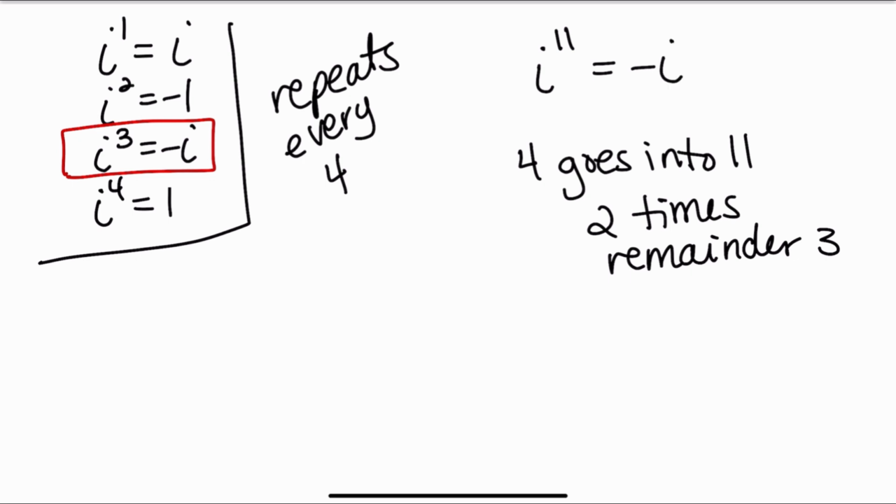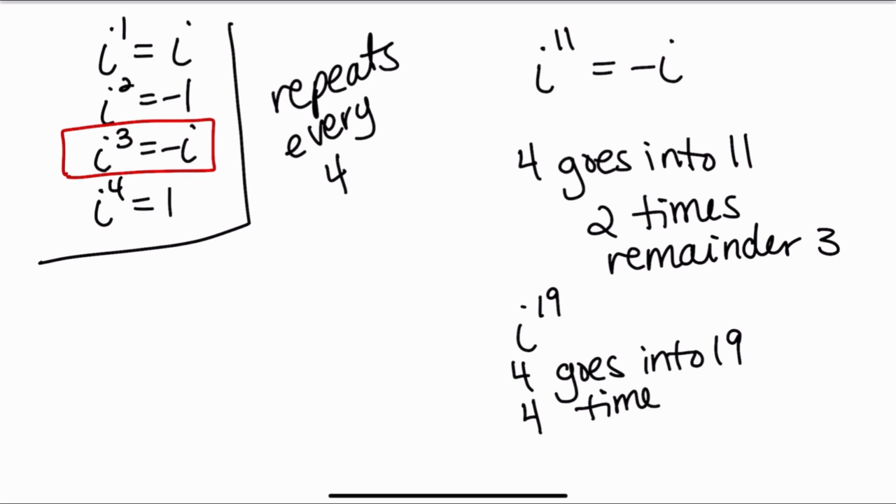Let's try another one. i to the 19th power. So how many times does 4 go into 19? 4 goes into 19 4 times, because 4 times 4 is 16. Remainder 3, which of course is bringing us back to negative i. I wanted those to have the same remainder so you kind of start getting the picture. But let's go ahead and change the remainder.